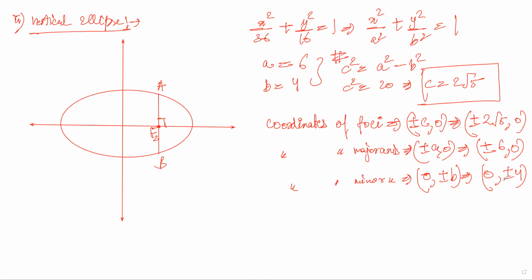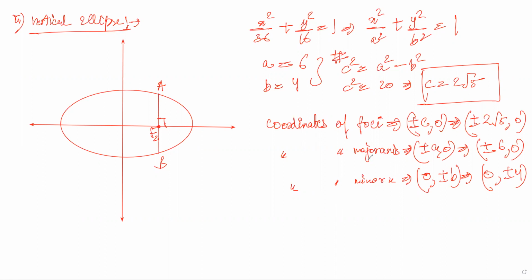Vertices. So the vertex is going to be like a comma 0, right? Vertices are basically the endpoints of the major axis.